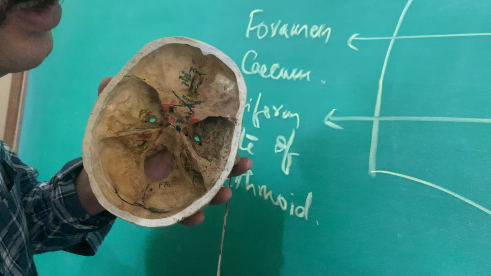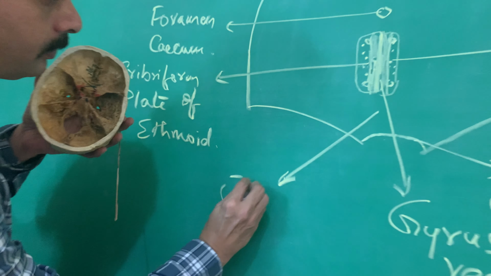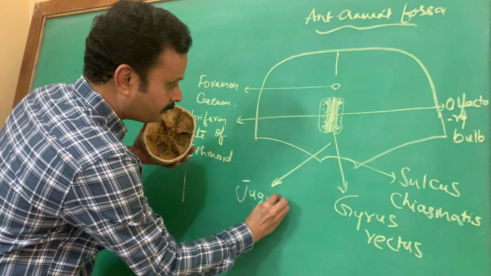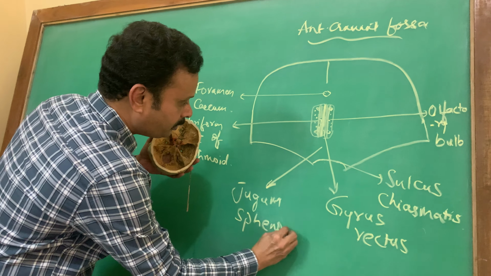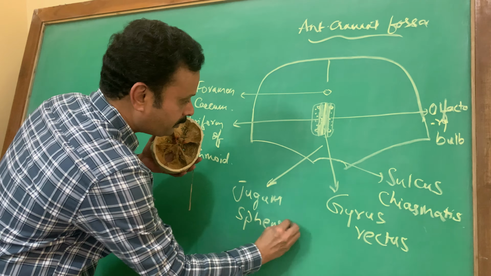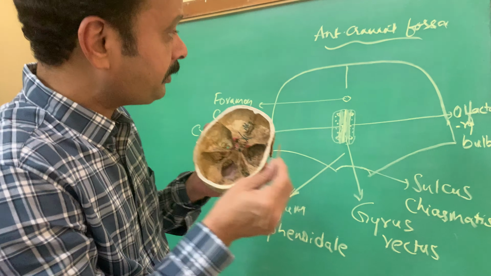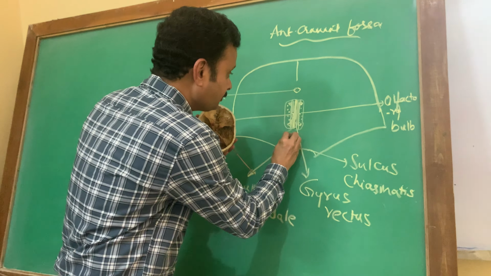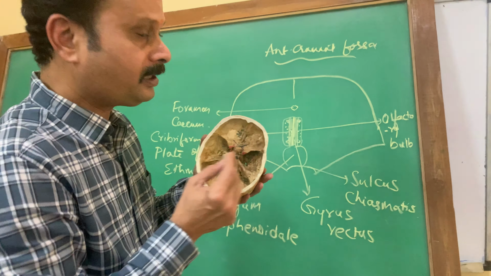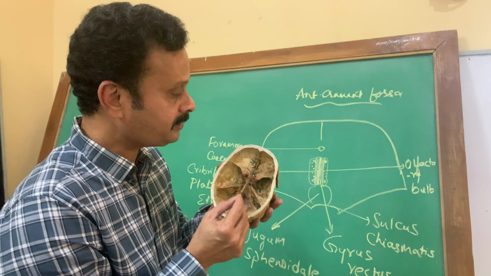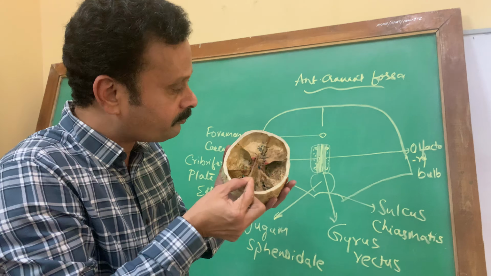Jugum means head. It is called jugum sphenoidale because it represents the head of the sphenoid bone. Underneath it lie the sphenoidal air sinuses, and this is the highest point of the sphenoid bone.